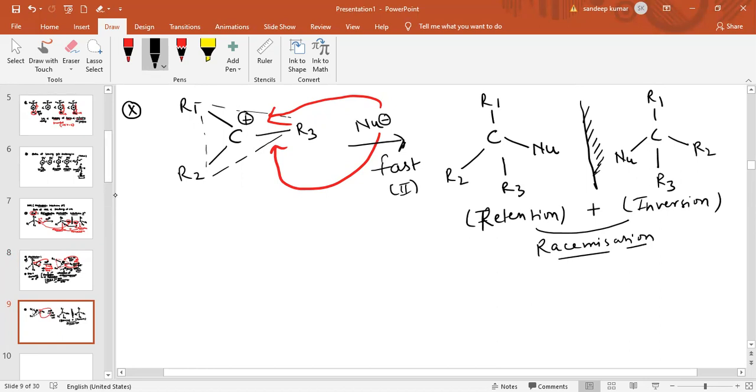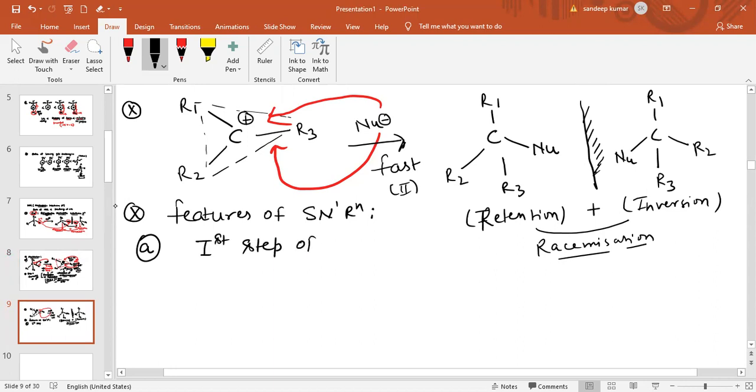Now see the features of the SN1 reaction. What are the features of the SN1 reaction? The first feature is that the first step of the reaction is basically the RDS.